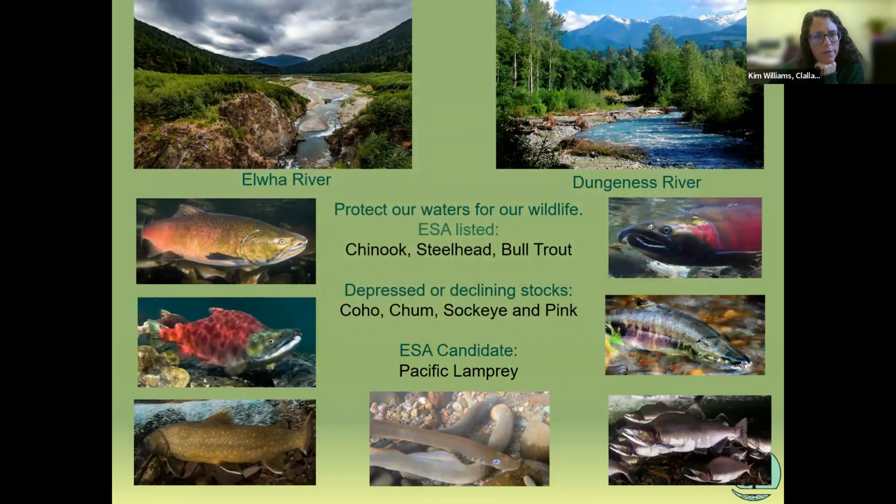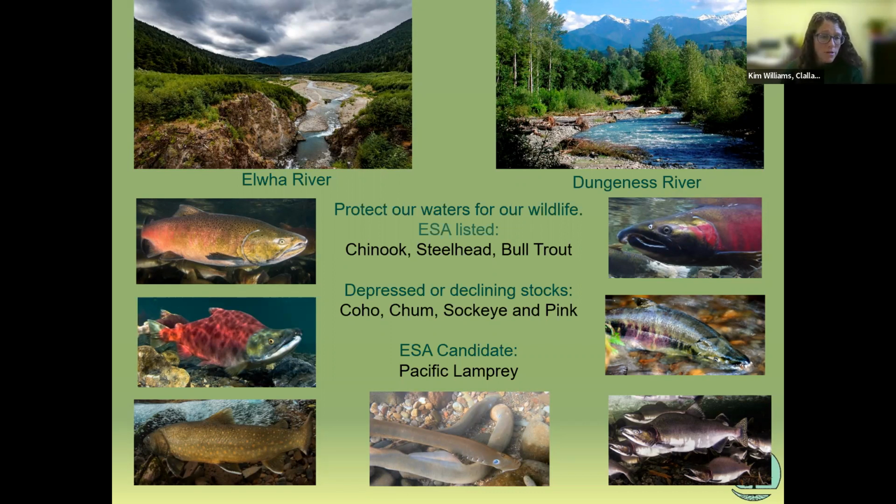And this is another reason why we conserve water. It's for our endangered fish. We have many ESA listed species in this area. We have our two main watersheds, Elwha River and Dungeness River. And the protected and ESA listed fish are Chinook, steelhead, bull trout, and summer chum. I don't have that on there.